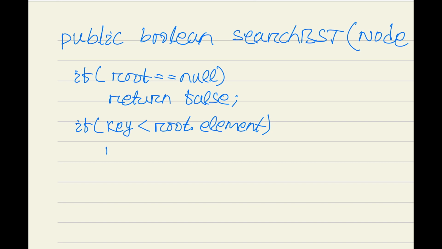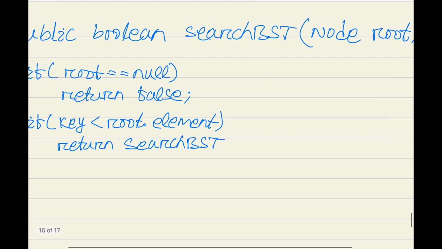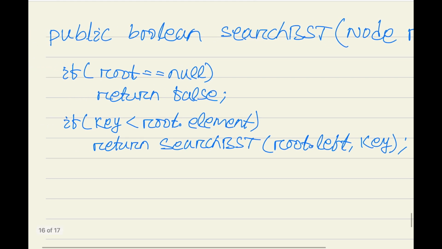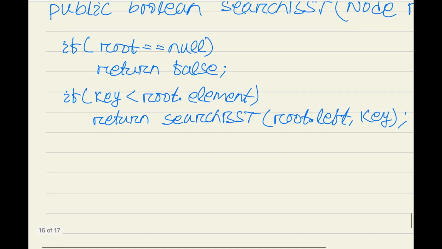So we can write return, and the same method we are calling, search bst, then root dot left we are passing and the same key value. This s is small, so this method name always starts with a small letter, so don't get confused.